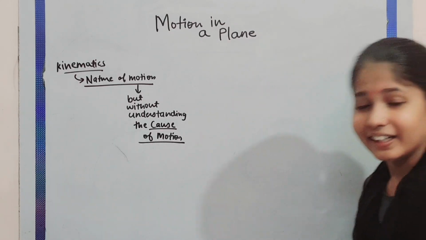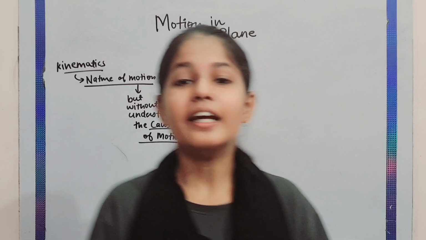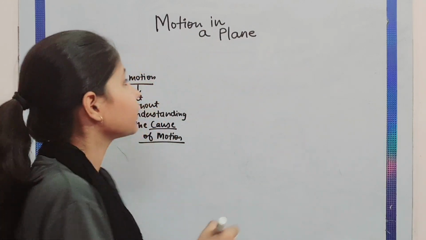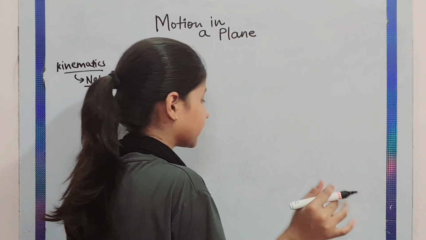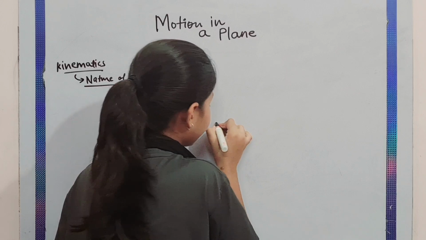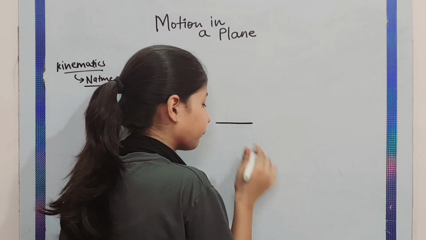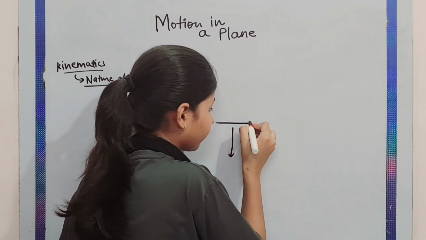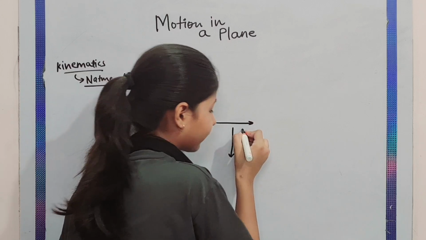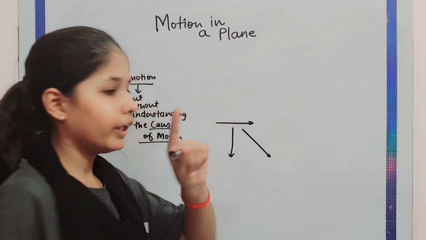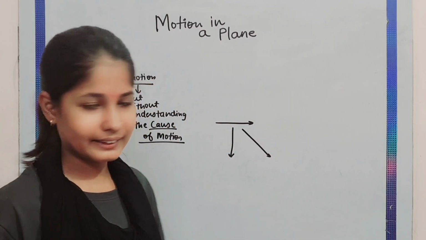First of all, let's understand what is meant by motion in a straight line. In which you are traveling horizontally, vertically, or you can say in only one axis.